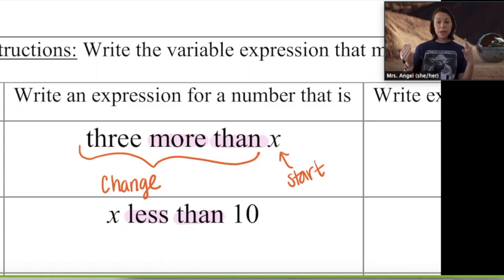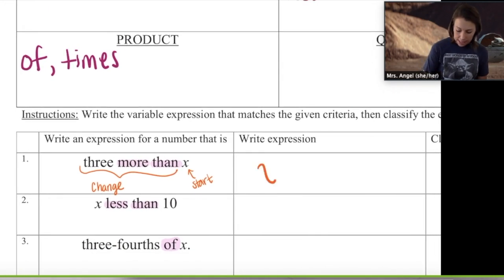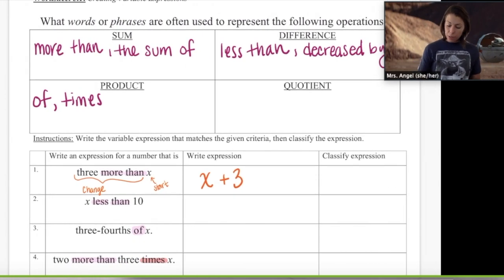And if we remember about starts and changes, the starting value is the first value in your expression. So we would actually write this as x plus 3. The word "than" means that's a change that's happening to that value. x plus 3, and we would classify that. Well, we already knew that. "More than" means we're working with a sum.